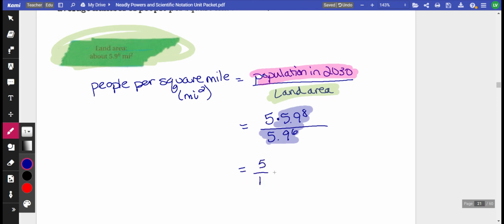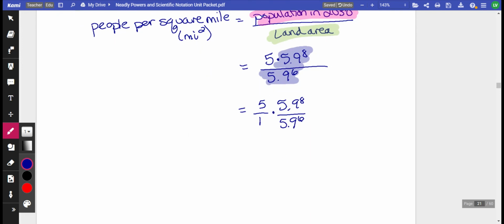So 5 divided by 1 times 5.9 to the 8th divided by 5.9 to the 6th. Well, this becomes 5 divided by 1 times 5.9 to the 8th minus 6. So 5 times 5.9 squared.